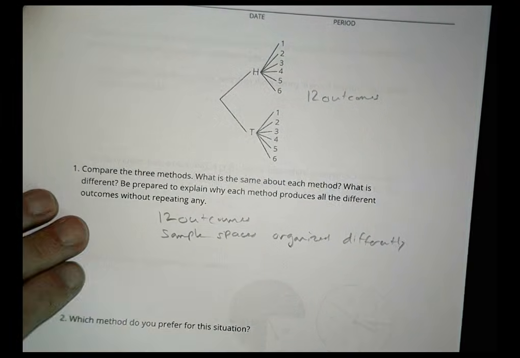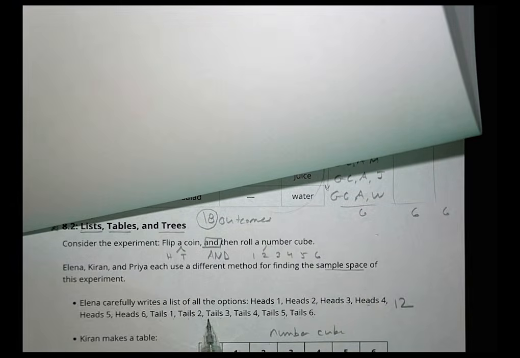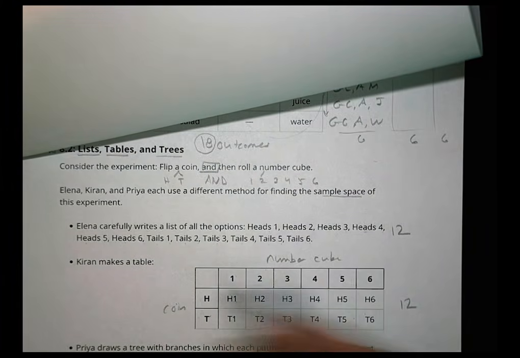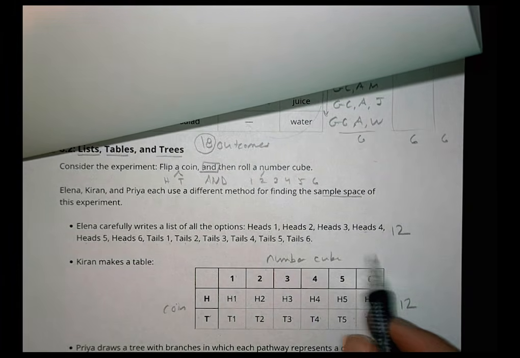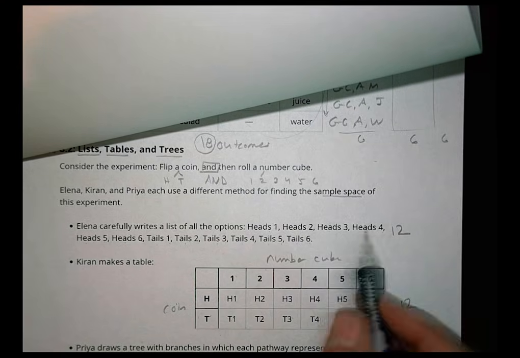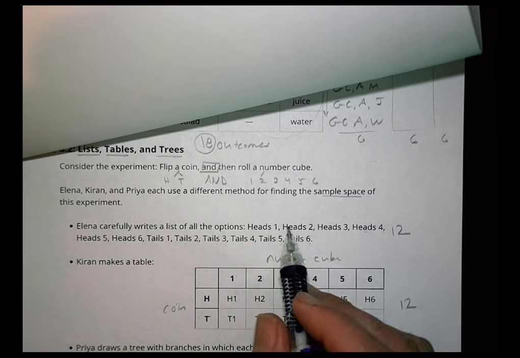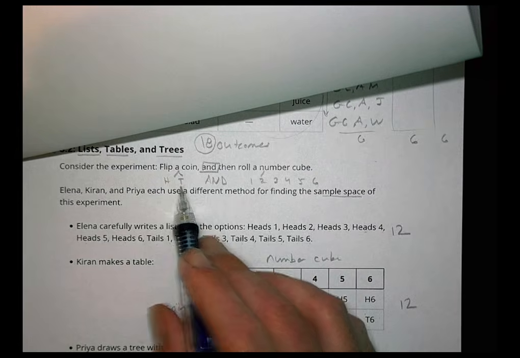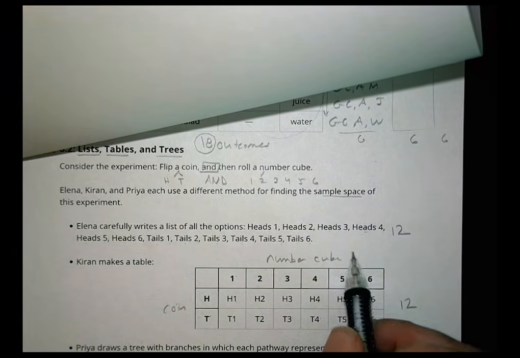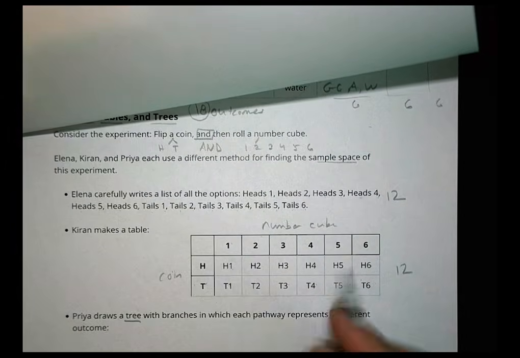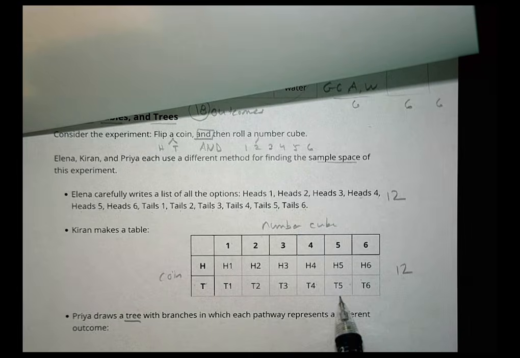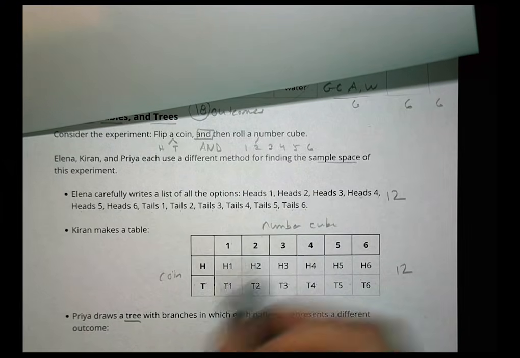Okay, and then a couple of things we can do. When I look at Elena's, it requires a lot of writing throughout that list, right? So if I had more than 2 things to experiment with, and they have multiple outcomes, this list could get really, really long. This table seems to be a simple way of adding to that, but it does seem limited because I only can put 2 things in there at once.